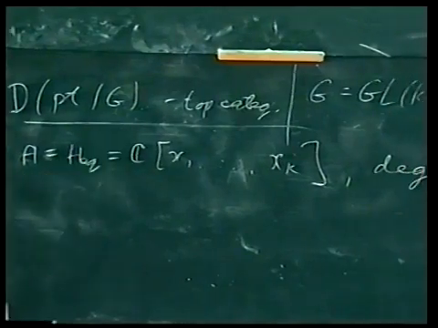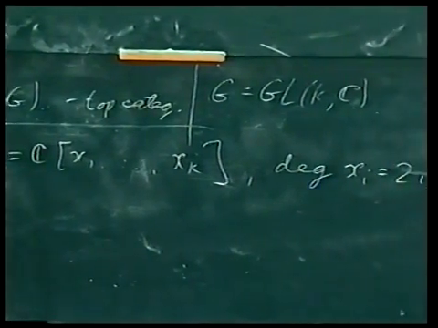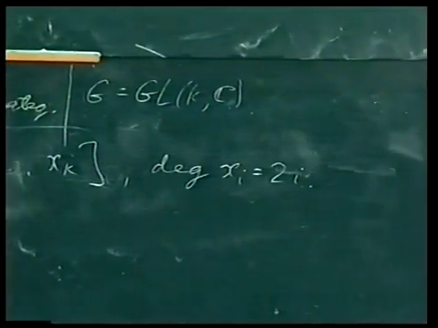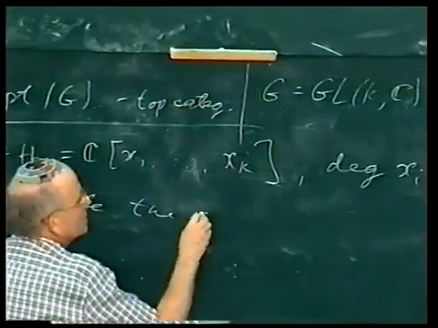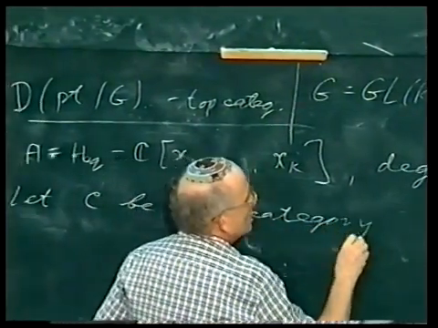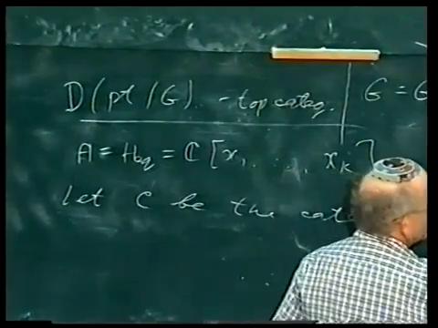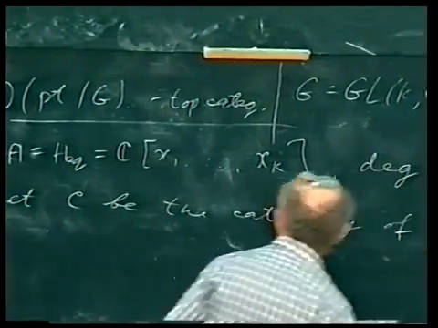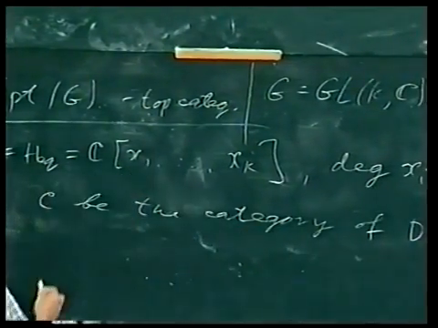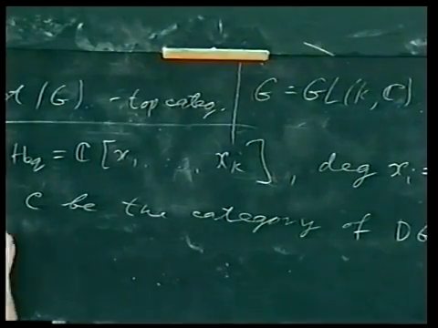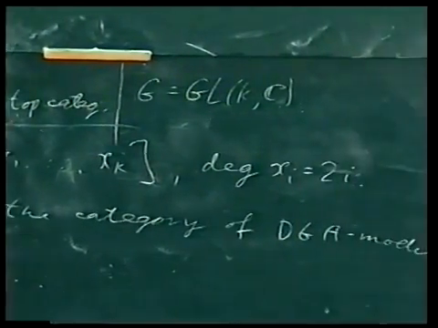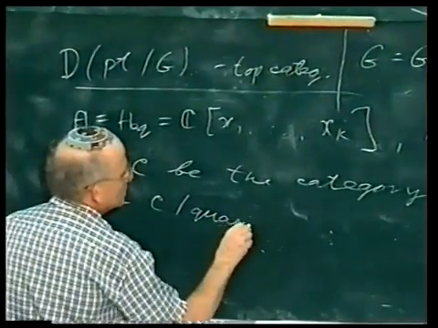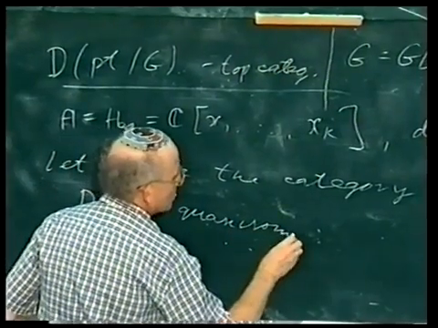this category can be described in the following way. Namely, let C be the category of differential graded A-modules, finitely generated, for instance. And then D will be C modulo quasi-isomorphisms.